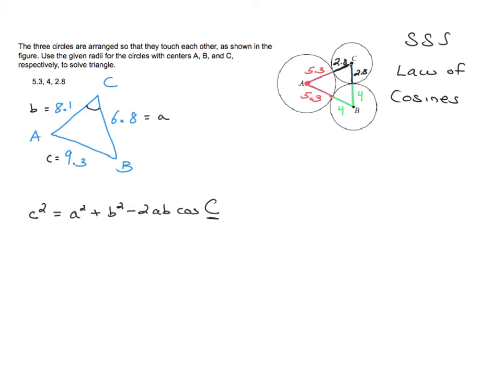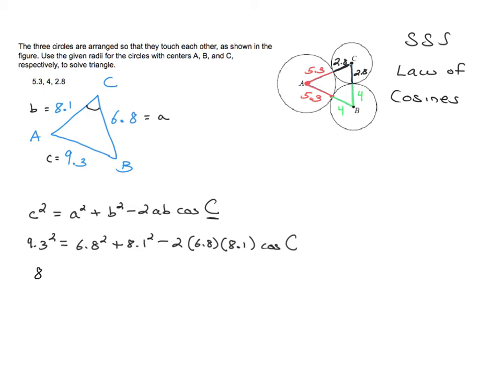All right, so we have that 9.3 squared is equal to 6.8 squared plus 8.1 squared minus 2 times A, which is 6.8, times B, which is 8.1, times cosine of C. So I'll square this stuff out, multiply this together, and solve for cosine of C. So let's see, 9.3 squared, got a calculator out here.